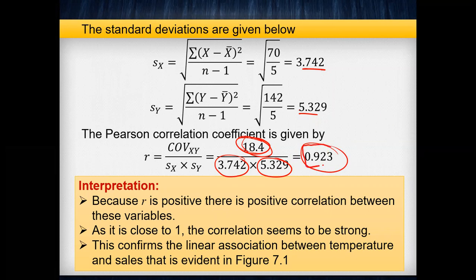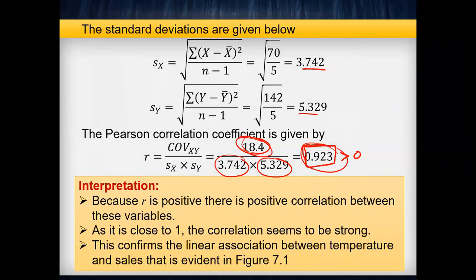This is the Pearson correlation coefficient, and it will tell you two things. First is the direction. Because your answer is positive, this indicates that there is a positive or direct relationship between x and y. If x increases, y will also increase; if x decreases, y will decrease. This is called the direct or positive relationship.